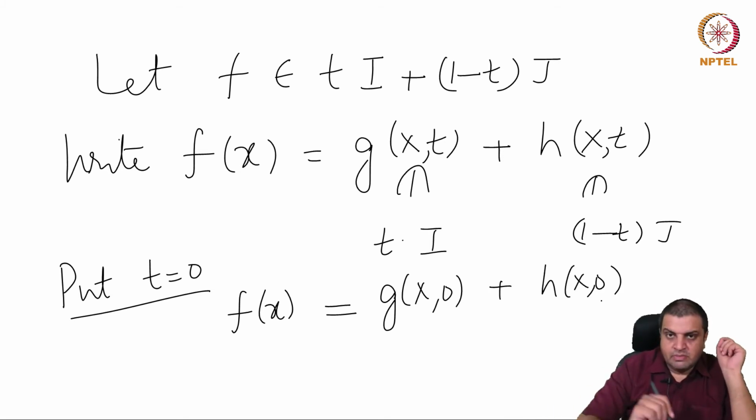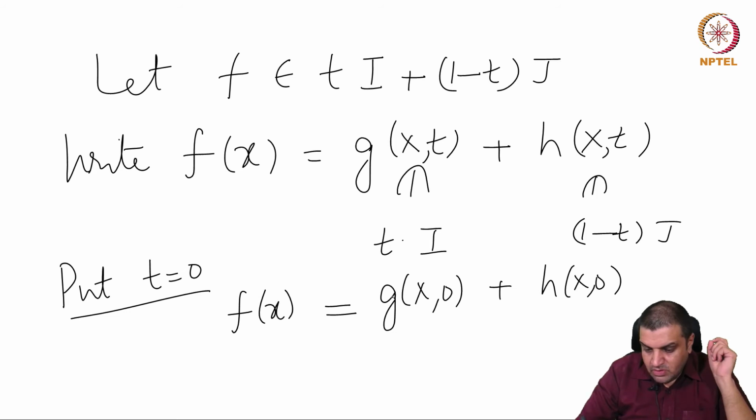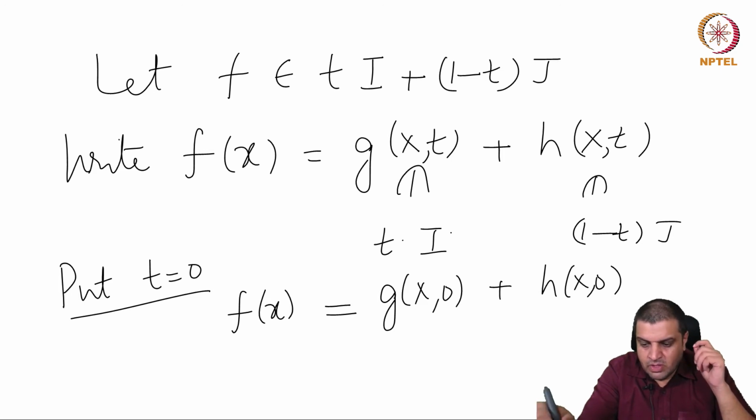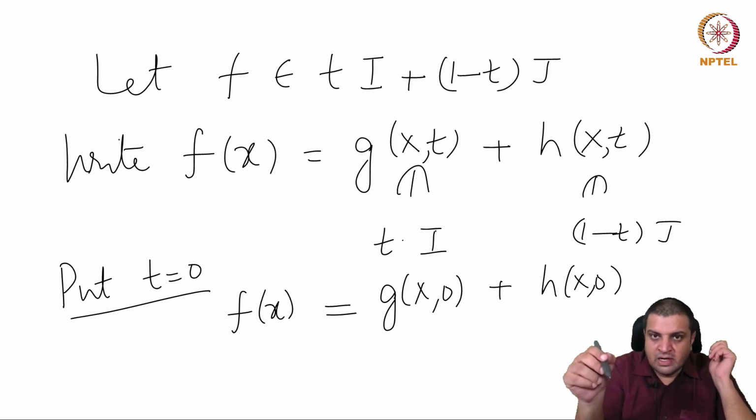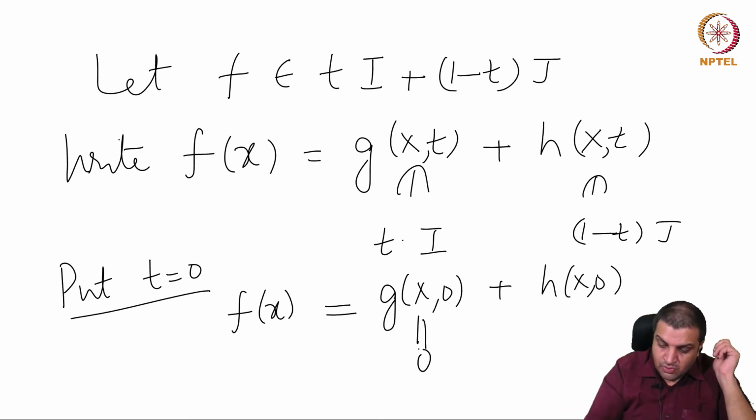But what are these? Well, G is in TI, so it is going to be T times some S-linear combination of generators of I. Not an element of I, but an element of the extended ideal. So when you put T equals 0, we just get this to be 0.